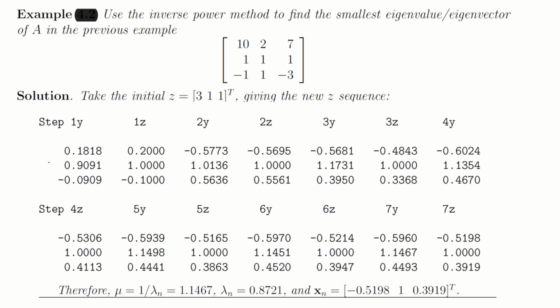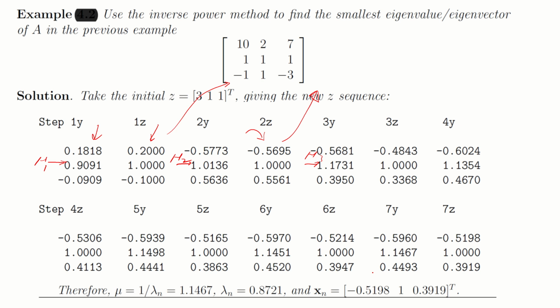Picking the largest value, in this case 0.9091, this will be our mu1. Dividing this vector by this quantity gives this one, then multiply this with this matrix. The largest value is this one, which will be mu2. Normalizing gives you x2. Multiplying this one again with A to get another largest value, this will be mu3, and so on.